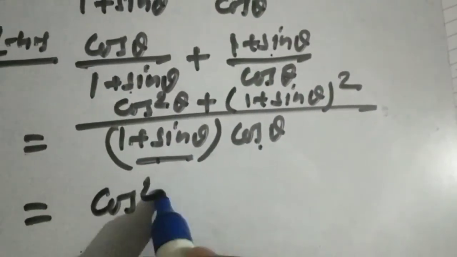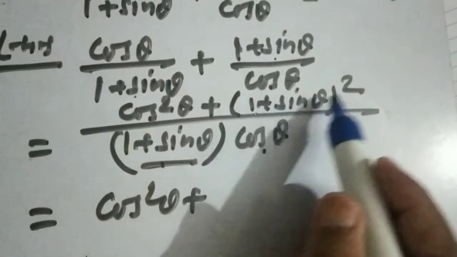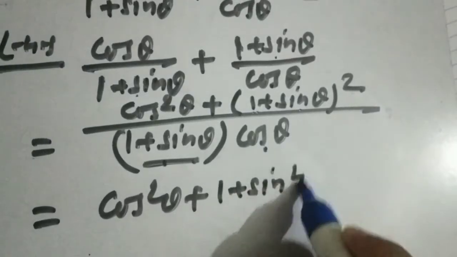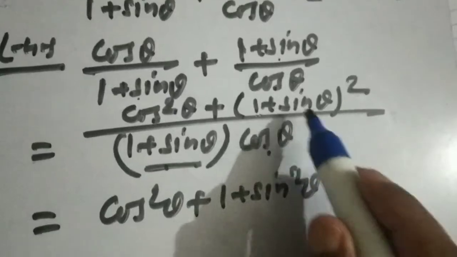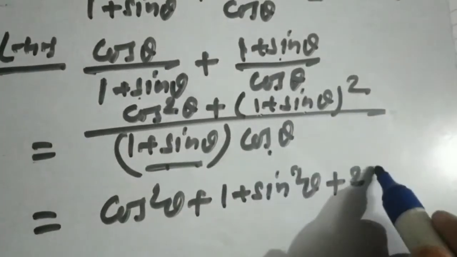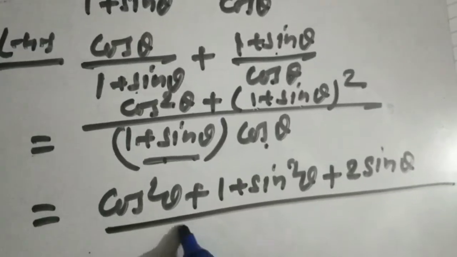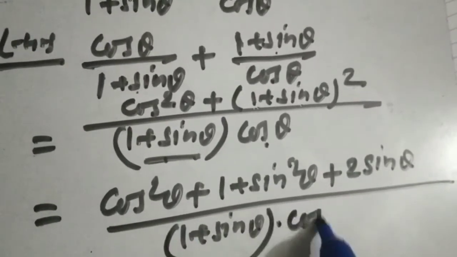Now cos square theta is here, plus this is based on the identity a plus b the whole square. So it will be equal to 1 plus sin square theta, a square plus b square plus 2ab, that is 2 into sin theta, that is 2 sin theta, upon 1 plus sin theta into cos theta.